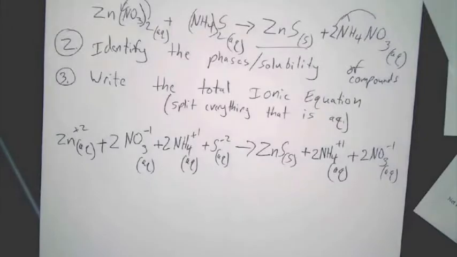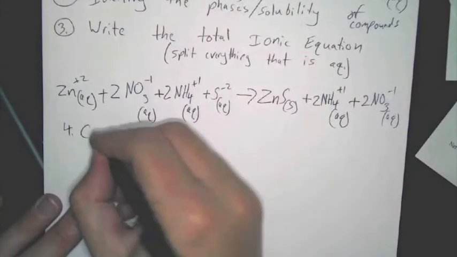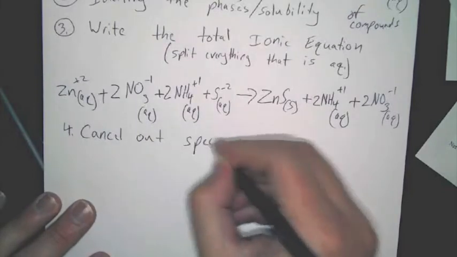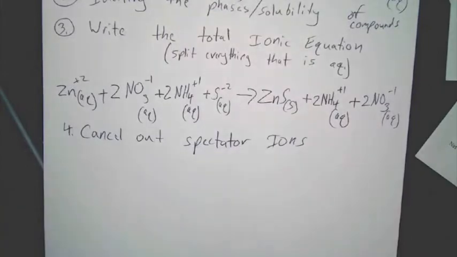Now step 4. For step 4, basically, it says cancel out spectator ions. Now, what is a spectator ion? Well, that's a good question. I have a definition for you to write down.